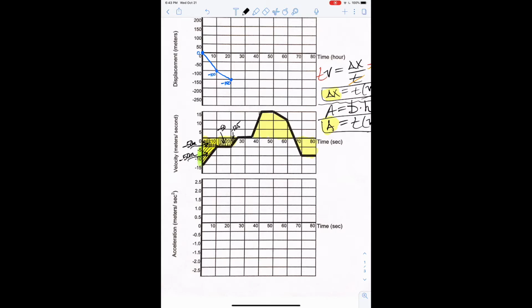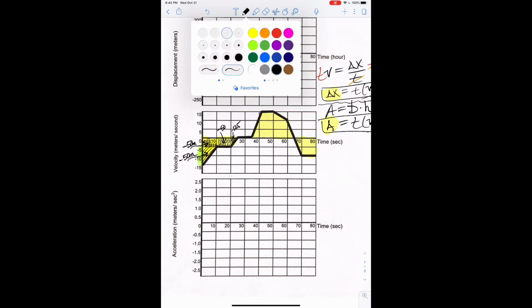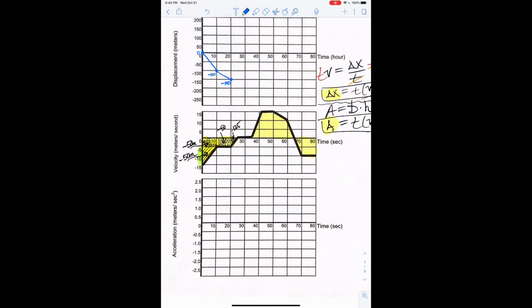We're at negative 150, so we add on 12.5 more in the negative direction. That's going to get us to negative 162.5. But it isn't going to be at 30 seconds. We only went forward 5 seconds, so it's going to be at time 25 seconds. So at 25 seconds, we're going to be at negative 162.5.